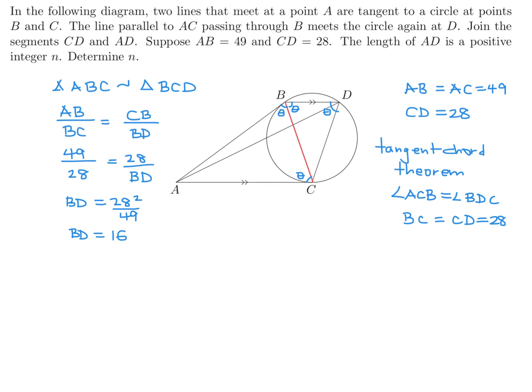Okay, now we have to figure out AD, right? That is our goal. So now I will need to put in a couple more lines. I'll put in one line that sort of extends AC. So extend it out a bit. And then drop two lines that are directly going to be perpendicular to that line AC.